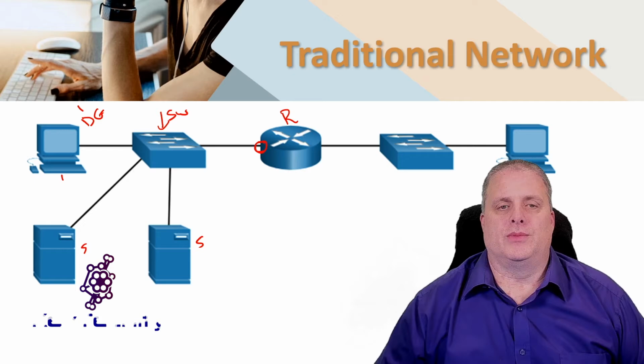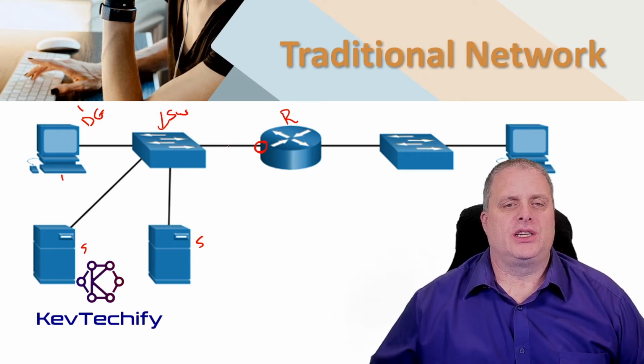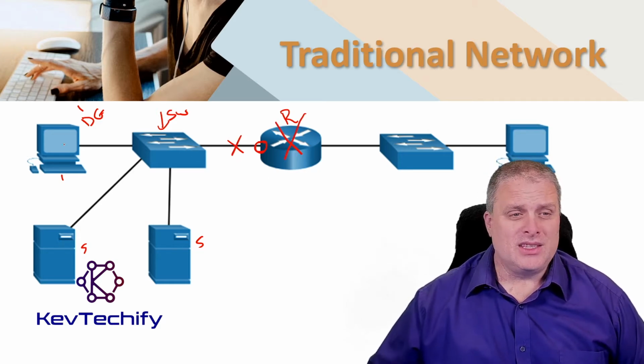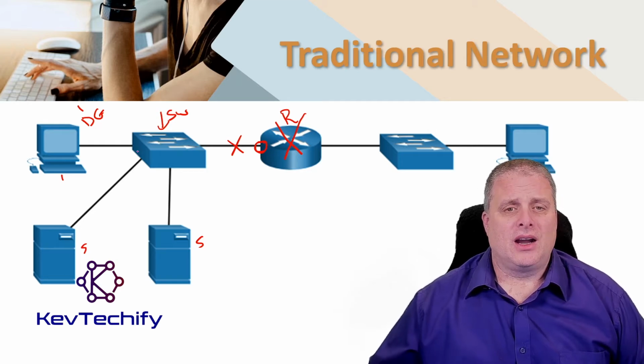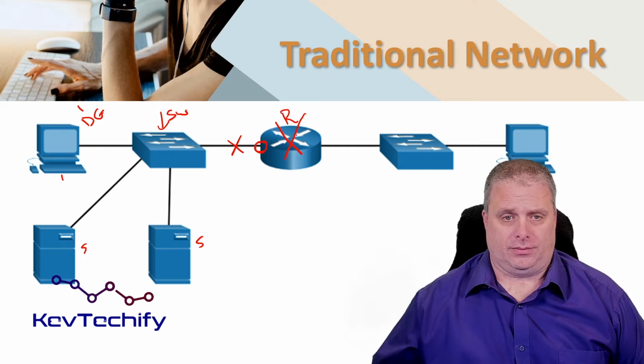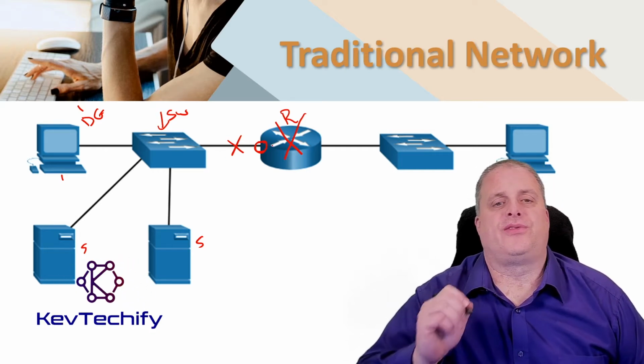The problem is, what happens if this connection to the default gateway goes down, or what if this router goes down? These devices back here can't get out. There's only one point coming in or out. This is a bottleneck. This is a single point of failure.